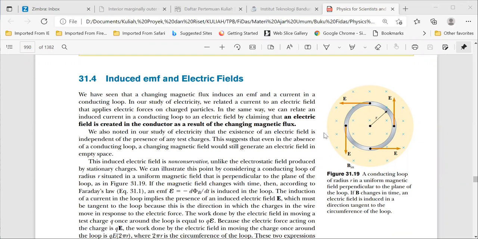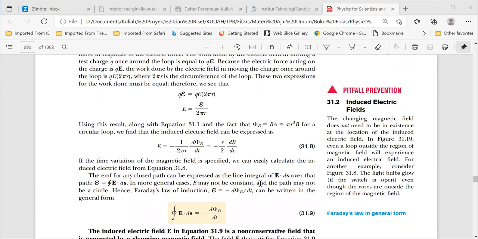Oke, nah kita ambil contoh misalkan ada seperti ini adalah loop yang konduktor ya, yang berada pada medan magnetik yang berubah terhadap waktu. Oke, jadi fluxnya rumusnya adalah seperti ini, di mana B-nya itu fungsi dari t.